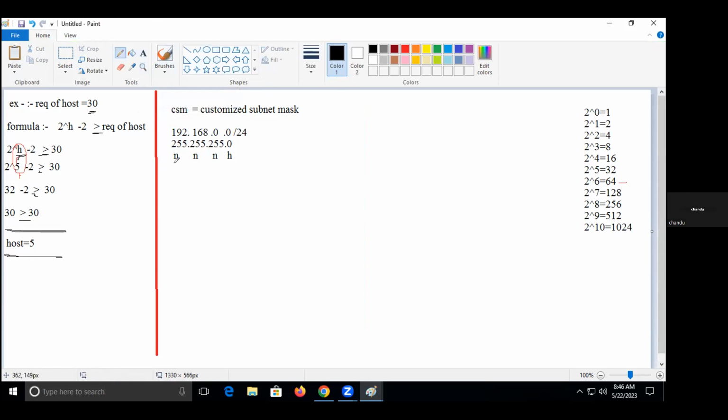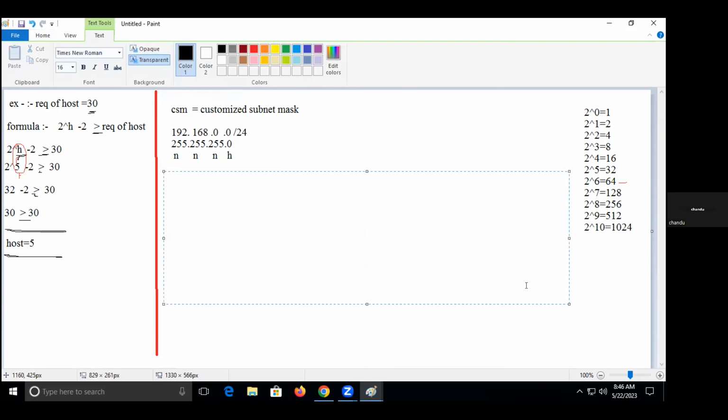But when you give 255.255.255.0, this is in decimal format. Let us write it in binary format. 255 will be converted to 8 network bits, so I have 8, 16, 24 network bits. And the single 0 will also be written as 8 zeros of the host portion, 1, 2, 3, 4, 5, 6, 7 and 8.